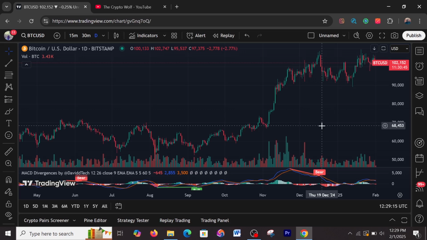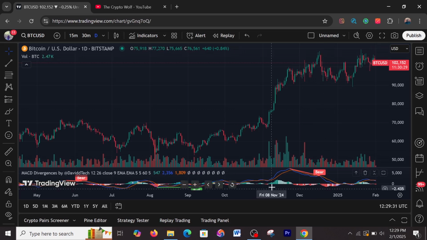So what I normally do is combine both the RSI divergence and the MACD divergence to get a clearer picture of the market. The divergence in the MACD works exactly the same way, but the major reason why I use it is because of this histogram. This histogram is super useful to help you understand who is actually in charge. So that's the second indicator.